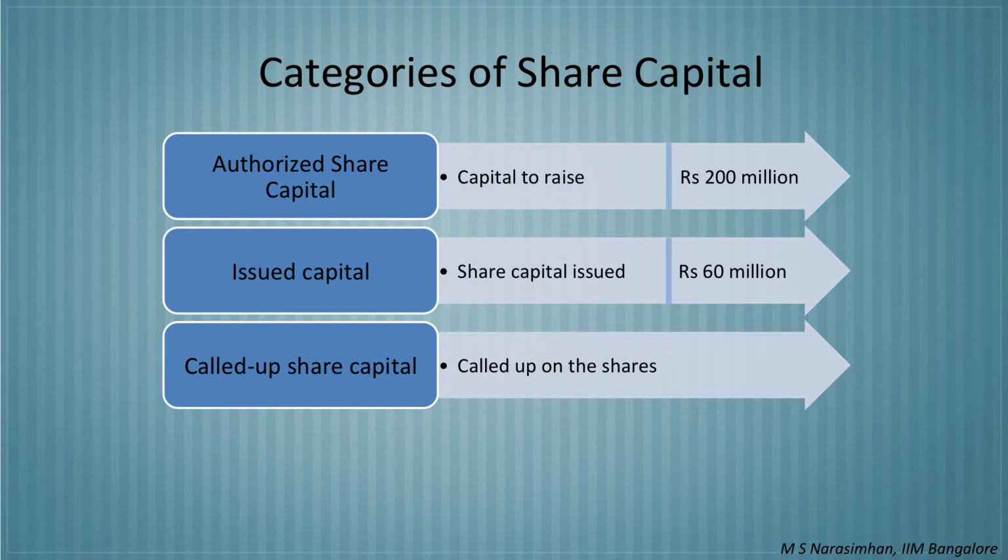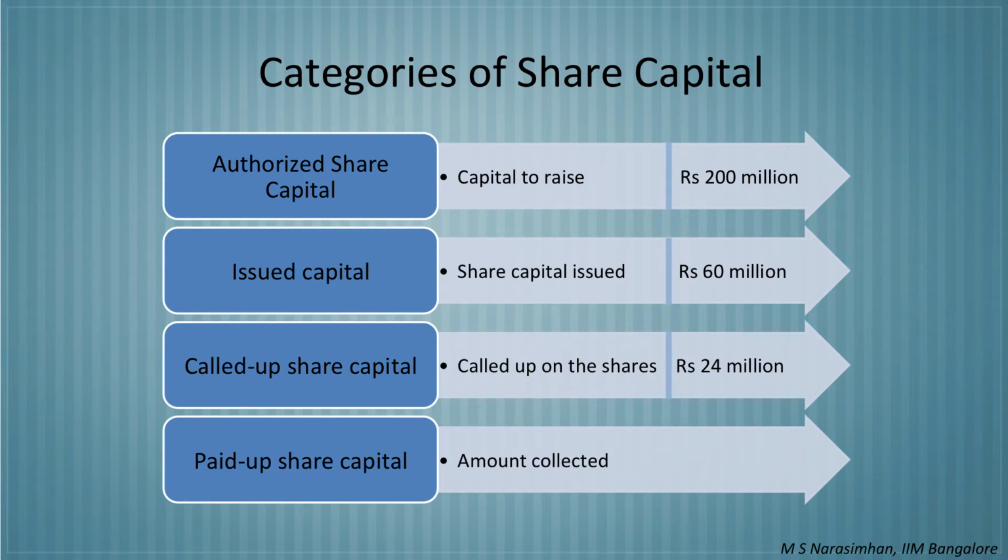You can issue only 6 million shares of 10 each, but you can call only 4 rupee per share. Here called up share capital is 24 million, that is 6 million shares at 4 rupee per share. Paid up share capital refers to actual amount you have collected. The paid up value is lower than called up if few shareholders are not paid the amount when they are called up to pay the amount.